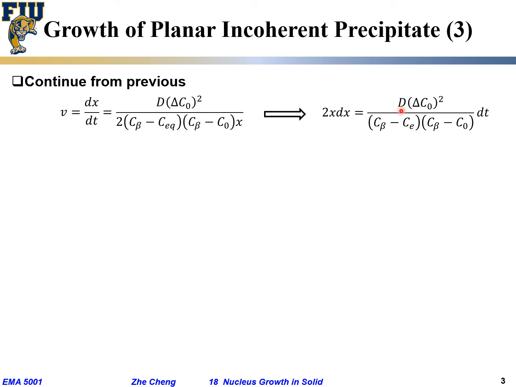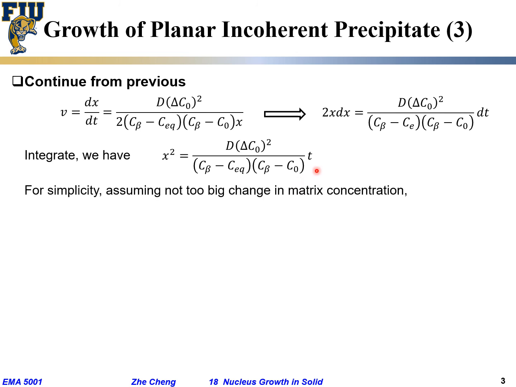So this is what we have: D times delta C0 squared divided by the product of the two concentration differences, times dt. Then we do integration on both sides. Okay? On the left side we integrate and get x squared, and on the right side, if we assume D is constant and delta C0 is constant, and these two differences are also constant, then we get just t.